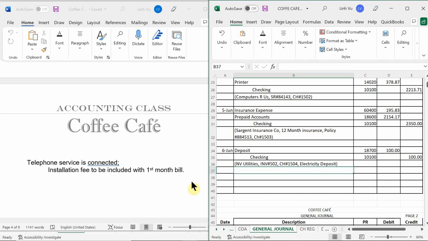Installation fees are to be issued with the first month's bill. So what do I do with this transaction?